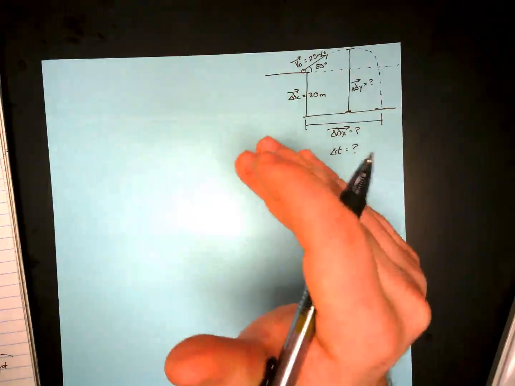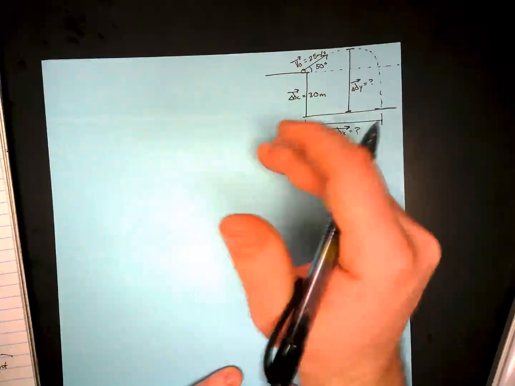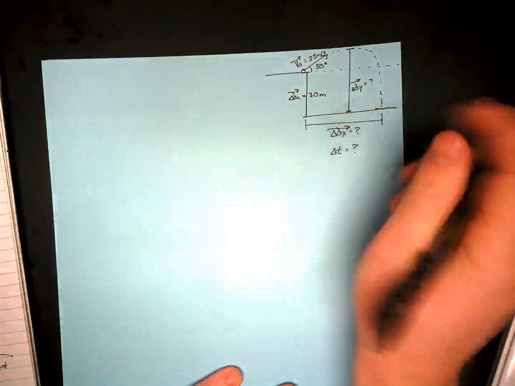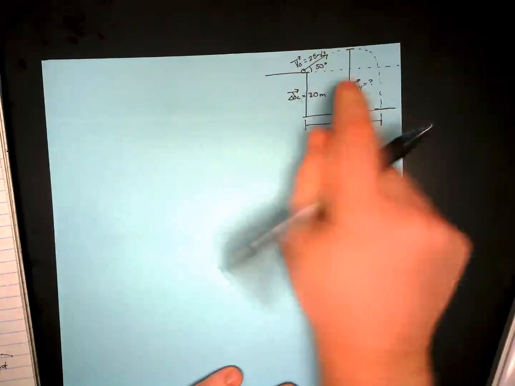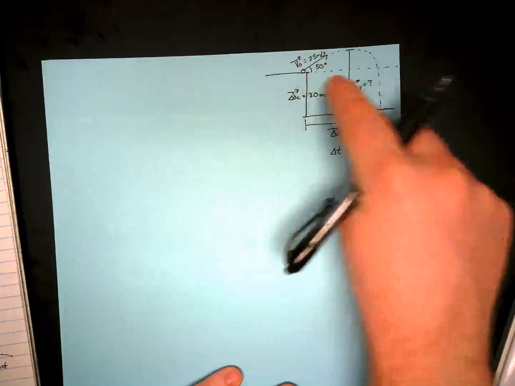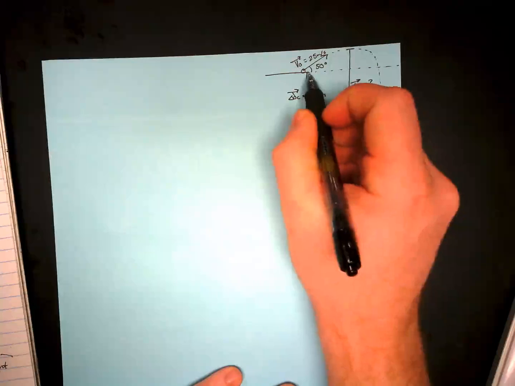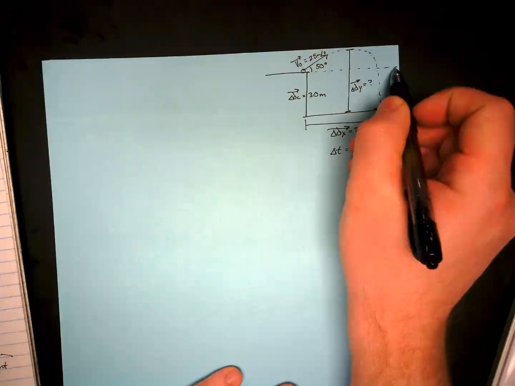When we look at these cliff type problems, top of building type problems with projectile velocity, we should immediately draw dotted lines for our planes. So what I did here is I made a dotted line for my horizontal plane.